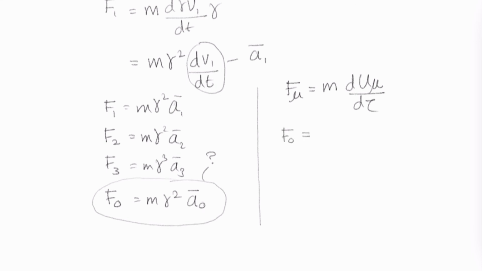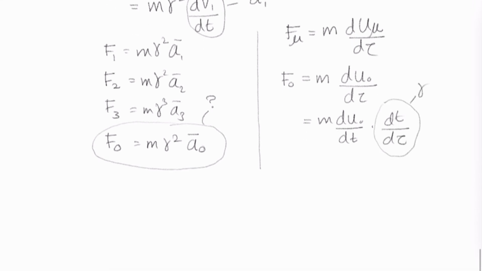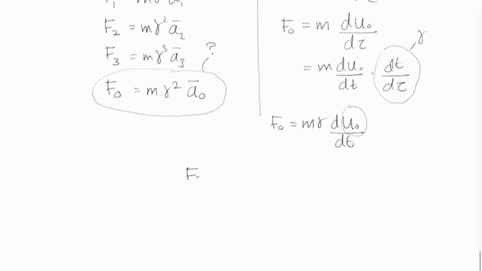What is du naught by dt? Du naught by dt is d by dt of u naught, and u naught is 1 over square root of 1 minus v squared. This also can be written as 1 minus v squared to the power minus half.